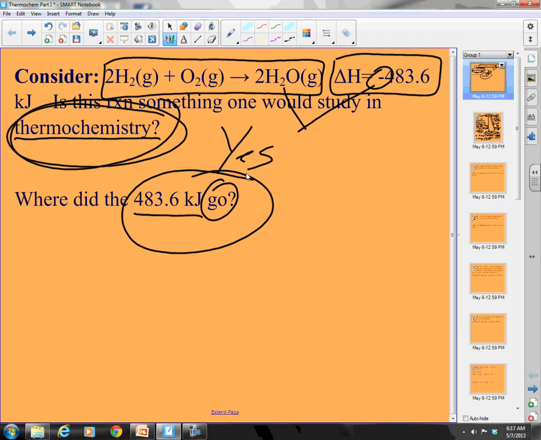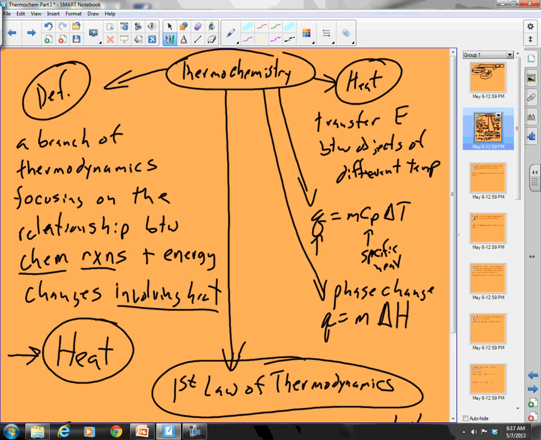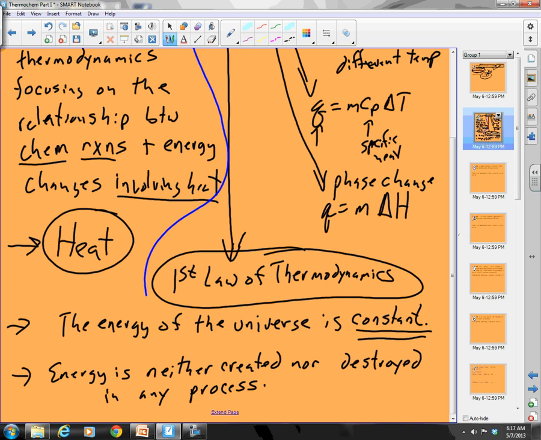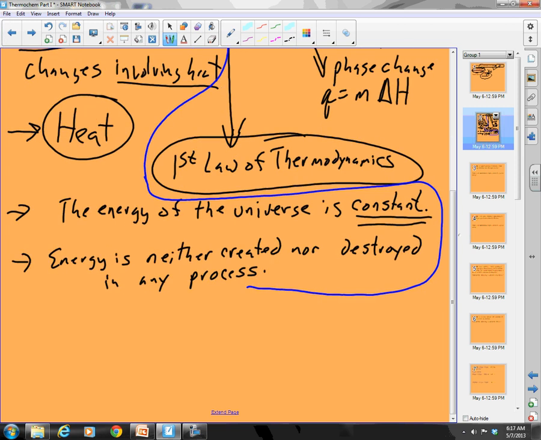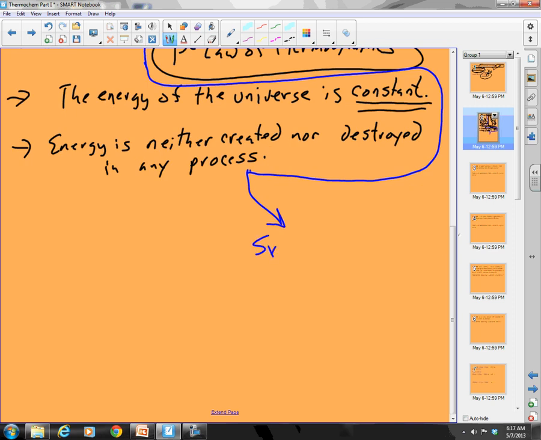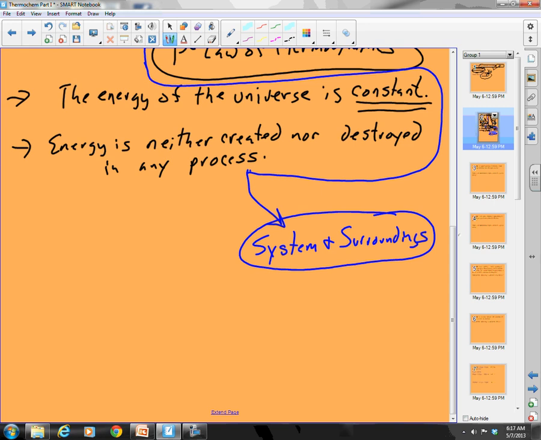And that brings us to another concept that we want to talk about here with thermo. Let's go with the blue. Oops, look at that dead end. Go over here. And we want to come down here and talk about the concept of the system and the surroundings. When you're talking about energy, you really need a perspective, because everything is relative.